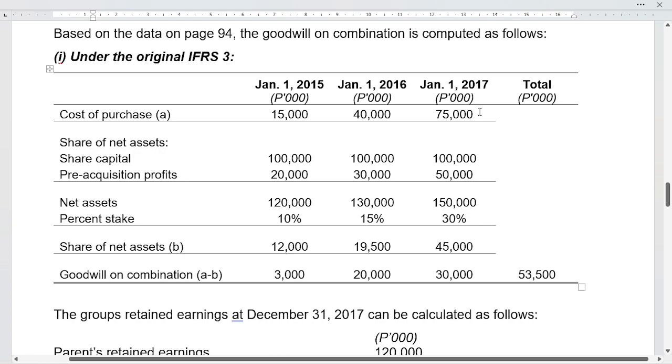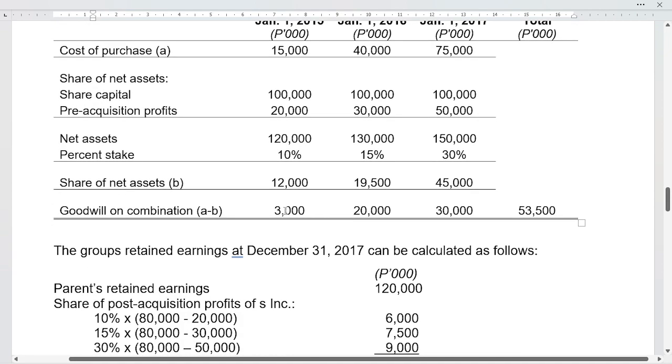To get the percent stakes, number of shares divided by total shares times 100. So 10,000 divided by 100,000 times 100 is 10%. 15,000 divided by 100,000 times 100 is 15%. And 30,000 divided by 100,000 times 100 is 30%.